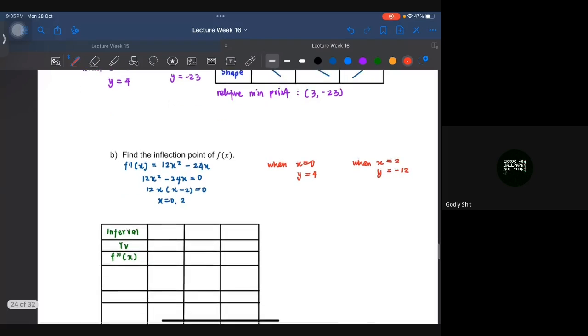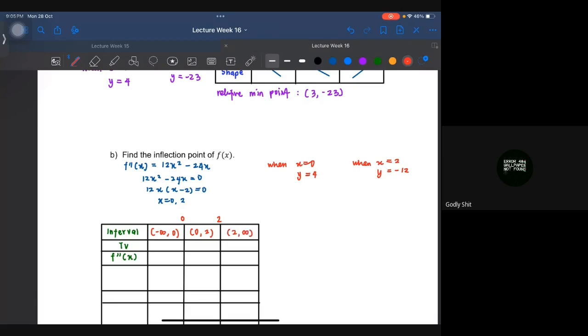Okay, so jom kita nak buktikan dia adalah inflection point by using the table. Okay, so let's use the table over here. So the values that we have are 2 and 0. Okay, lepas tu buat interval macam biasa. Negative infinity to 0 dulu, and then 0 to 2, and then lastly 2 to infinity.